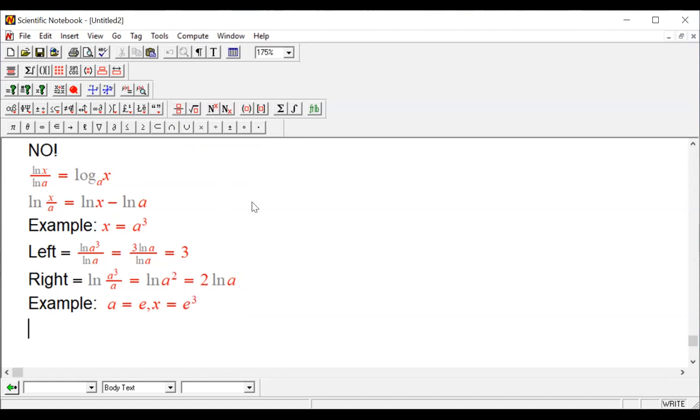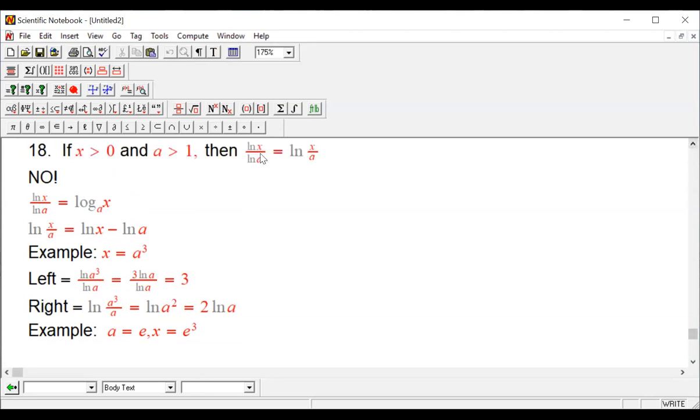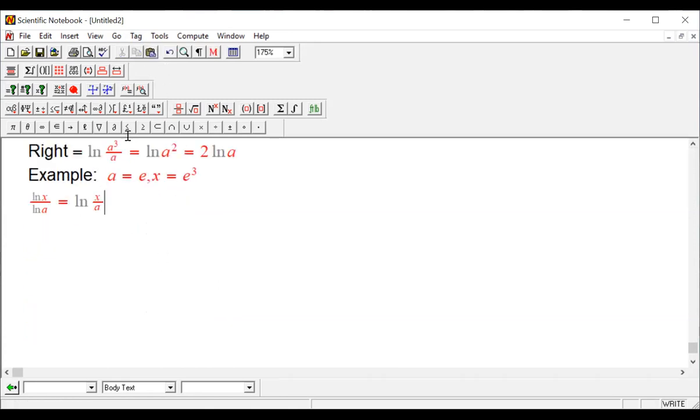Let's see what's on the left-hand side, and this is the right. Remember, we just need one counterexample to demonstrate it is not true.